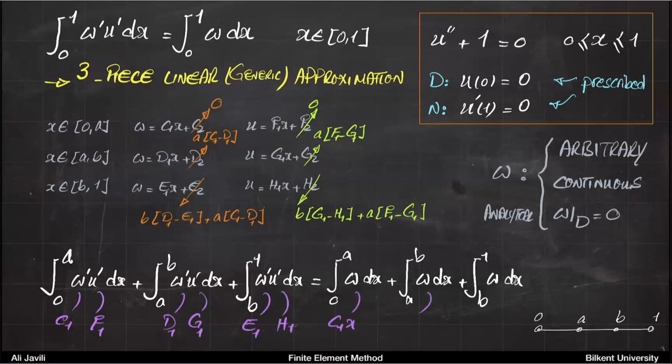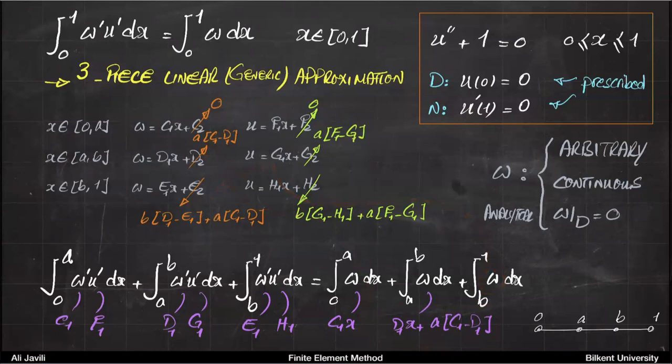In the second region, W is D1X plus A times C1 minus D1. This is exactly what you had here. And this W would be basically the W you had here.